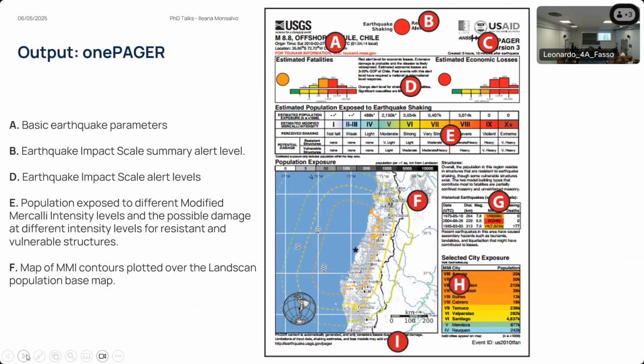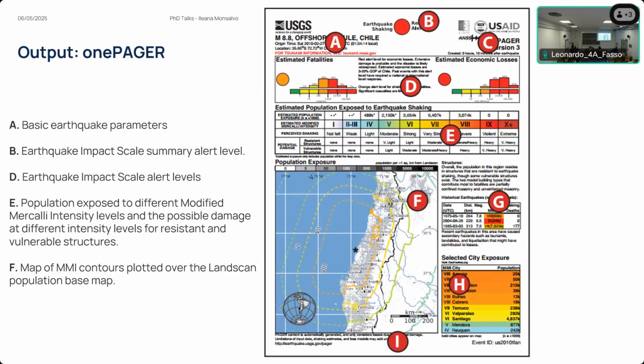This is the output of the system, which is called the one pager. It is a summary page that summarizes all the main parameters of the earthquake, the total estimations that were done for that earthquake, and also the alert level that was assigned to that earthquake.